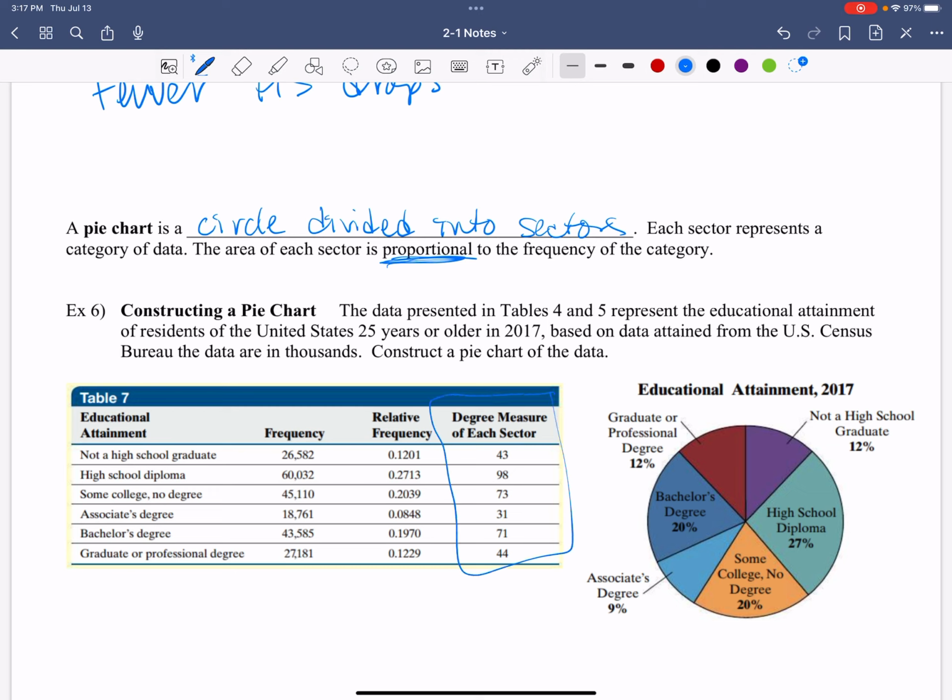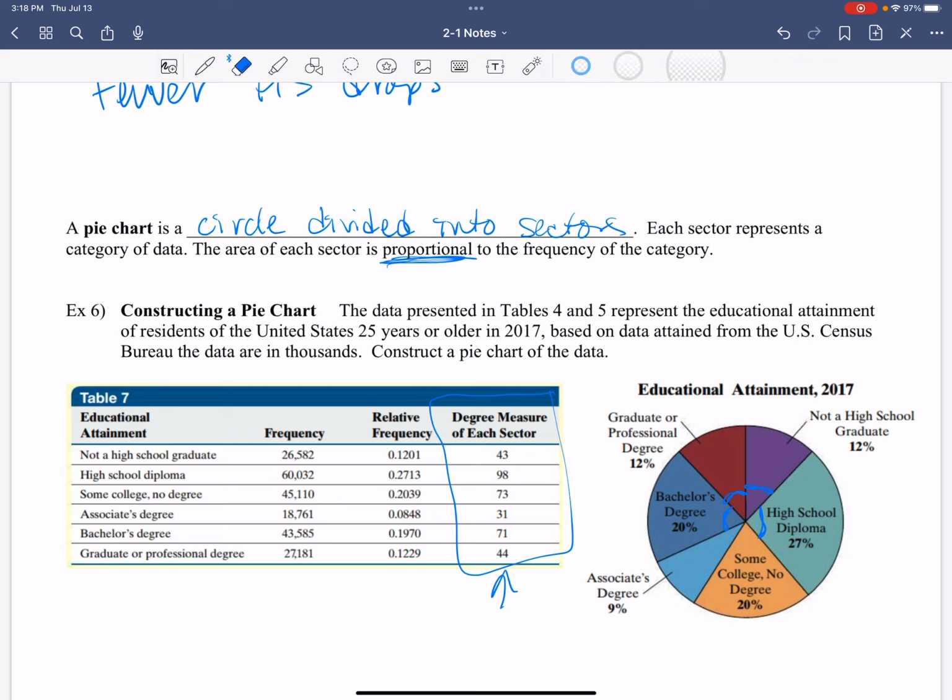The degree of each sector, if we were going to get a protractor out, that's the degree that we're going to look at. I'm not going to have you do an actual construction of a pie chart. We're just going to look at them and glean the data from them. We're not going to go old school on it. That's what we have Excel and all these wonderful programs to do for us.